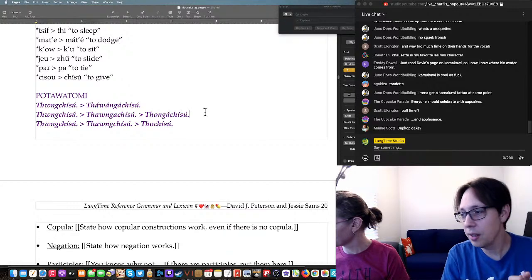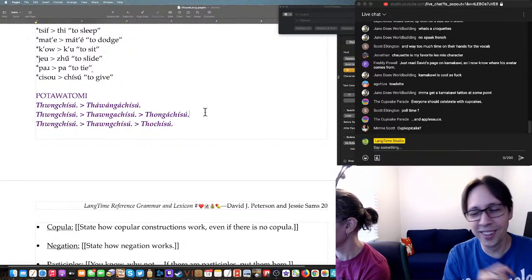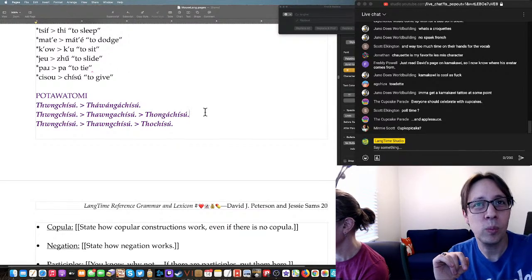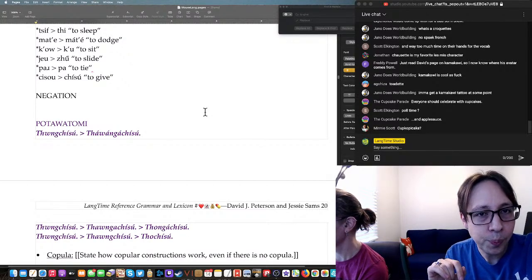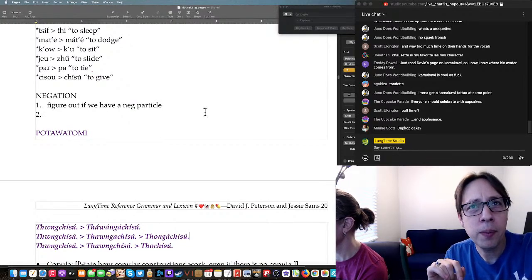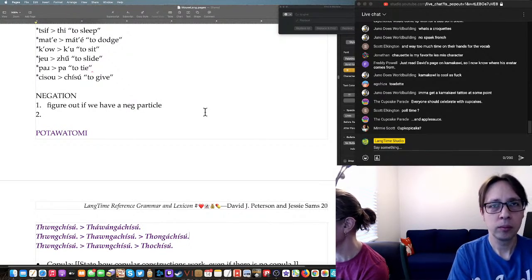This is going to be an entire episode of LangTime Studio. Negation. One, figure out if we have a negation particle. Two, figure out what nouns will be incorporated.